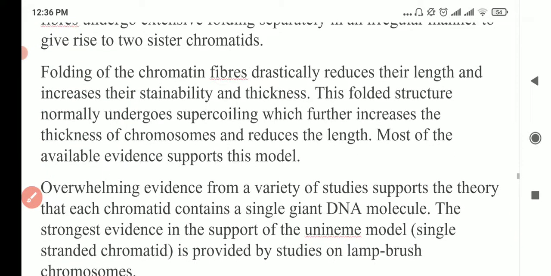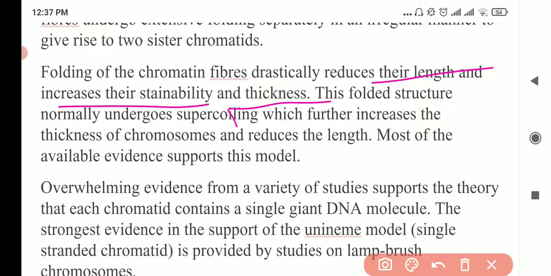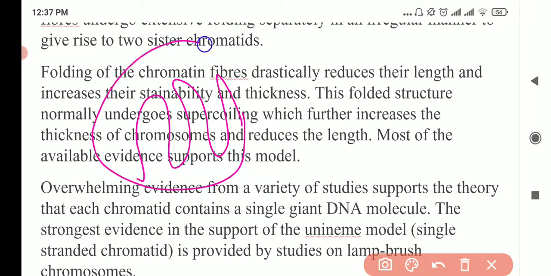Now, I've already told you, when we fold the chromatin fibers, it reduces their length drastically, and it becomes more stable and thicker, so it increases stability and thickness. It undergoes supercoiling, which further increases the thickness of the chromosome. So not only is it coiling this way, it will supercoil, it will be even more coiled.